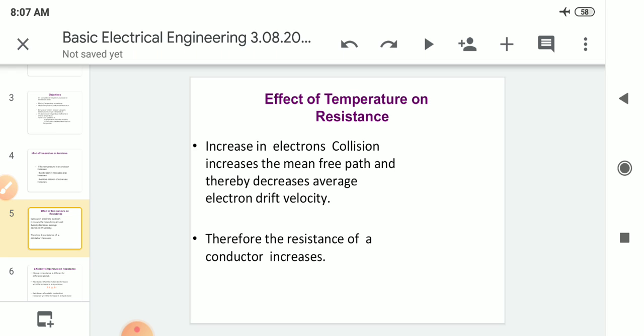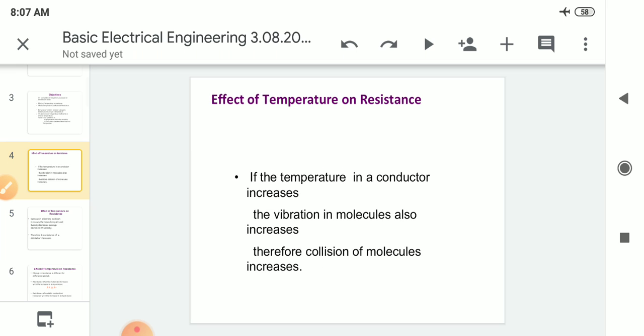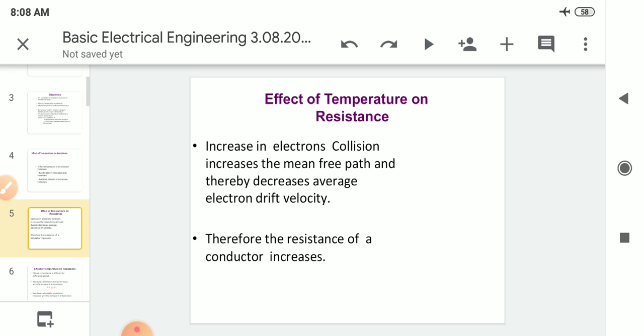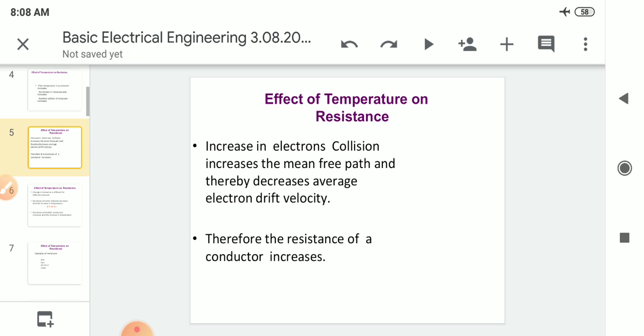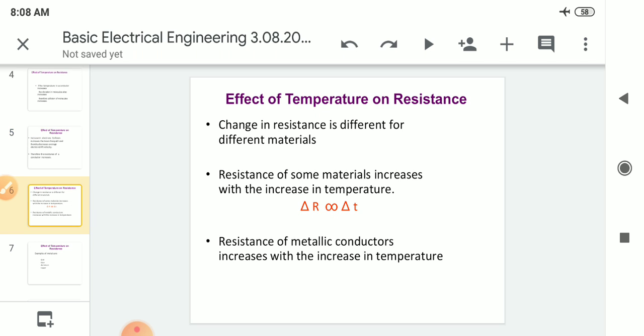Why does this change occur? Due to increase in temperature, what will happen? The vibration in molecules takes place. Due to that vibration, the molecules start moving and collide with each other. Due to this collision, many free paths are affected, thereby increasing the average electronic drift velocity. Then resistance also increases.